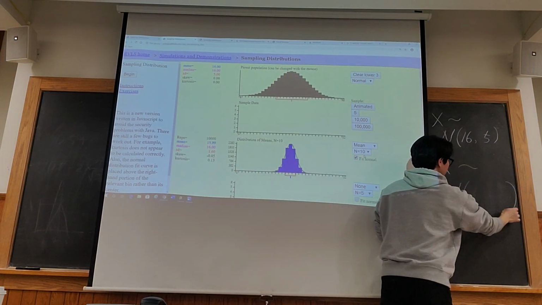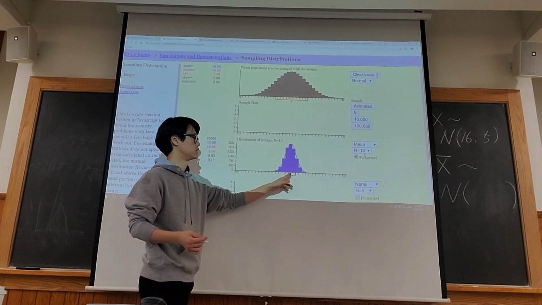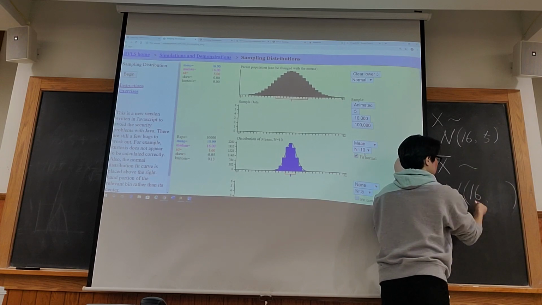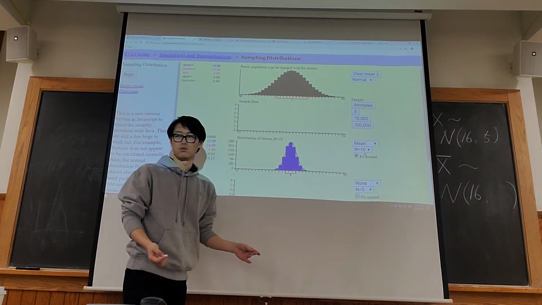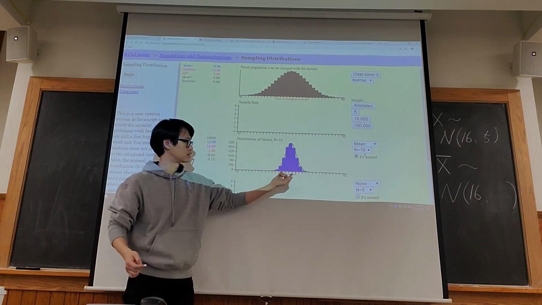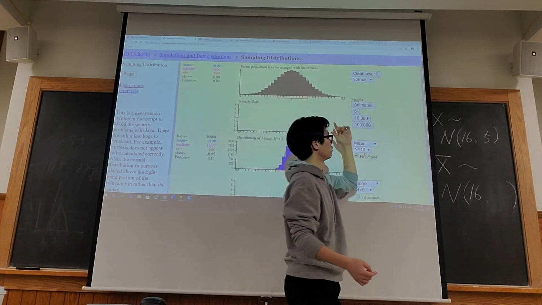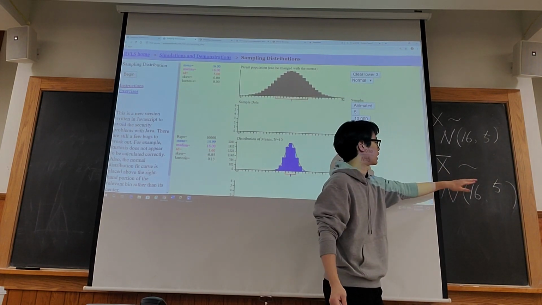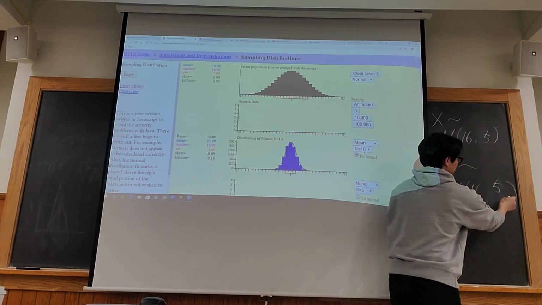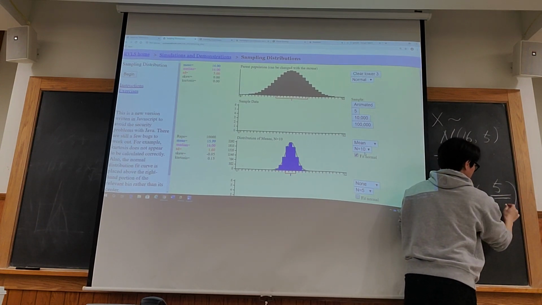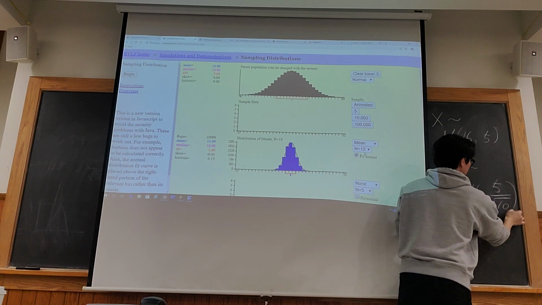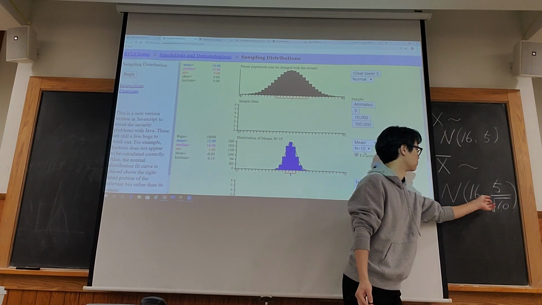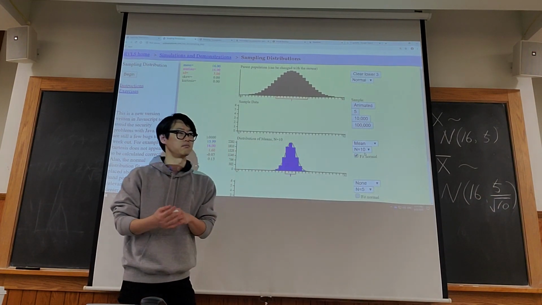And as we have discussed before, the mean of this X bar is the same as the population mean, 16, right? But we have noticed that this is narrower than the black one. So I don't want to write 5 there, but I can calculate that standard deviation by dividing by the square root of my sample size.